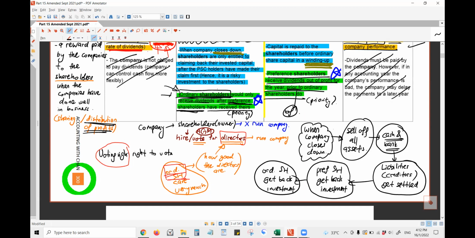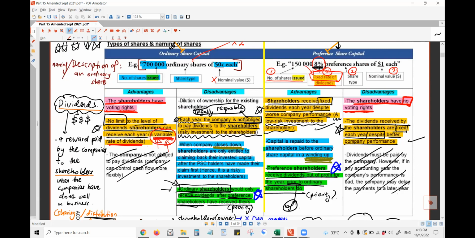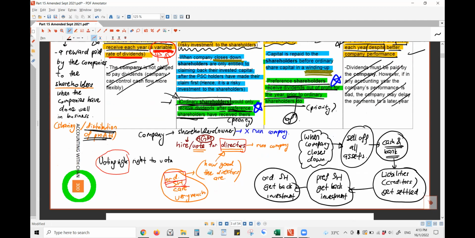So this is the sequence of events. This is the series of events that would happen when the company closes down. And it's very important. Later, I'll show you some questions that are linked to this, and you would know how important it is to know this entire table. This entire table is super important to solve many of the theory questions. So let me repeat.